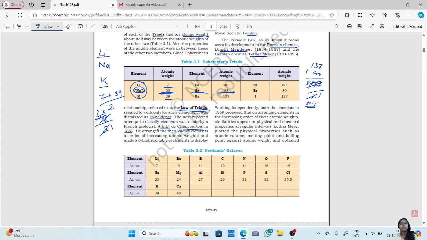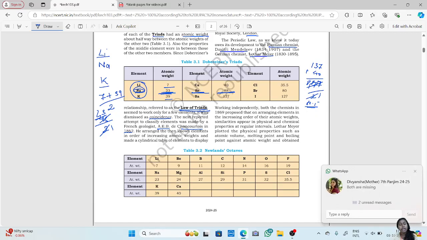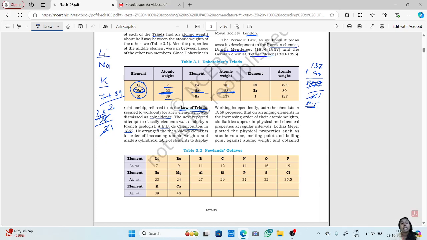These were the ones which were initially proven, which led to the periodic law that we follow now. The Russian chemist Dmitry Mendeleev and the German chemist Lothar Meyer were the two persons who made most of their contributions to the periodic law.